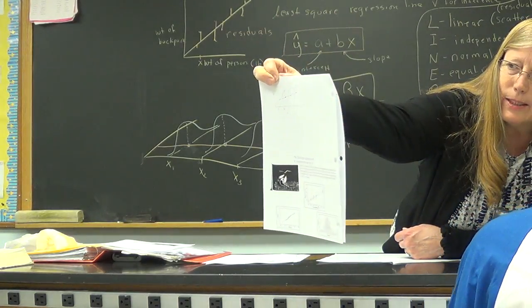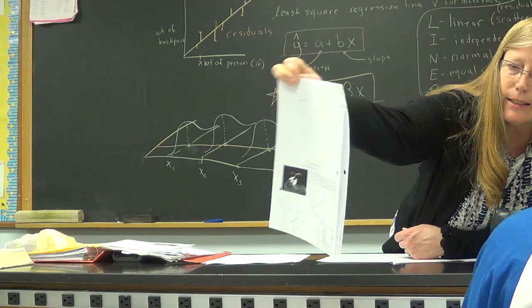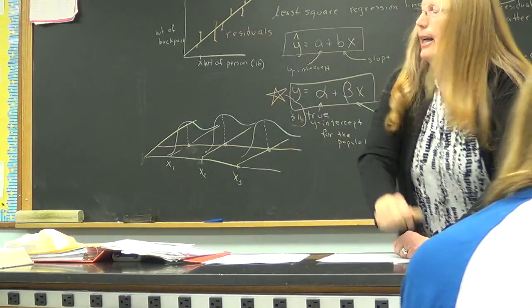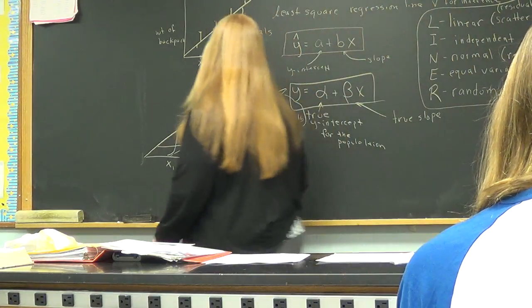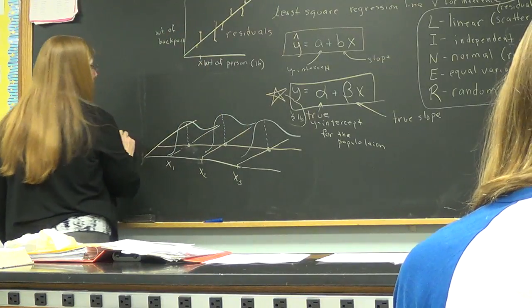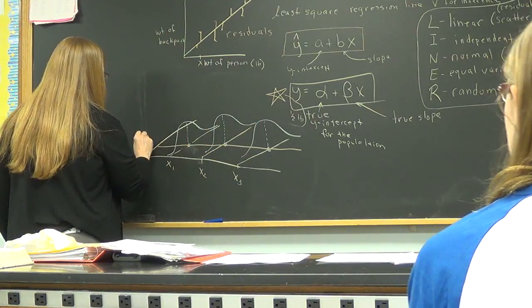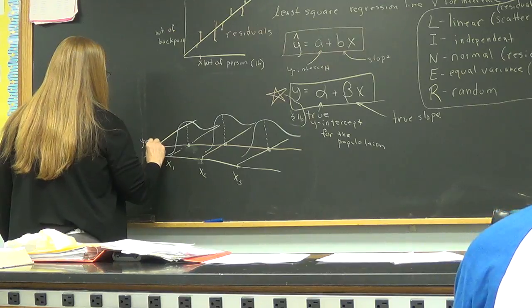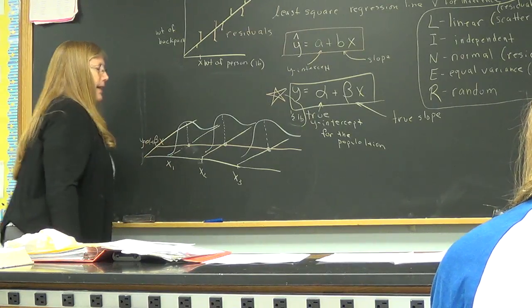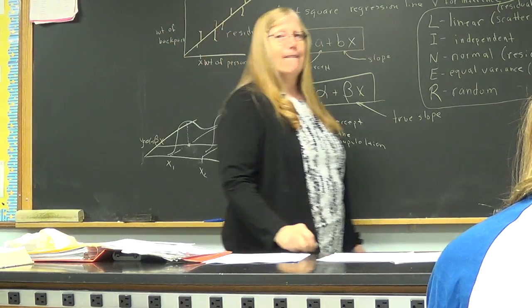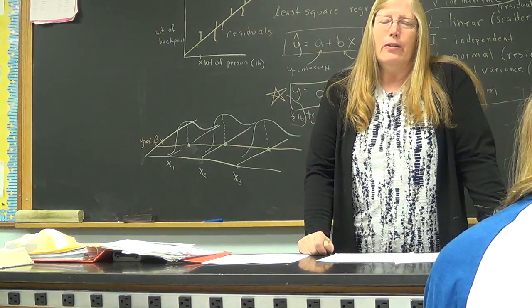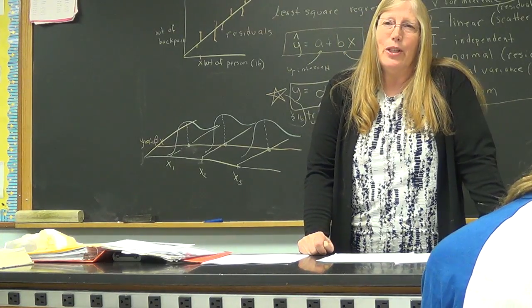So connecting those dots is a good idea. And that is the true line. So you can put in this name on that line, y equals alpha plus beta x. Is that going to help you do any of the problems? It isn't, but I'm just trying to have you visualize what we're trying to do here.